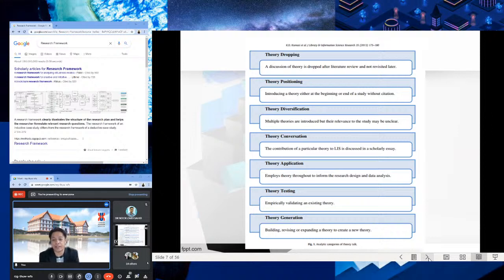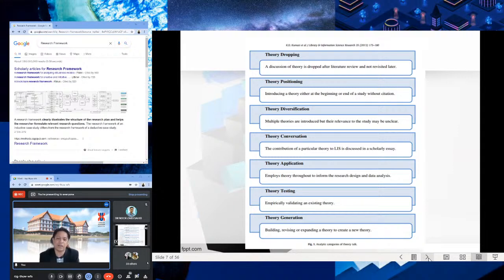Theory positioning. When we have a theory, for example in science, non-science, social science, and so on, we need to introduce and understand the theory, and how we position it, how we can adapt this theory as part of our research framework.